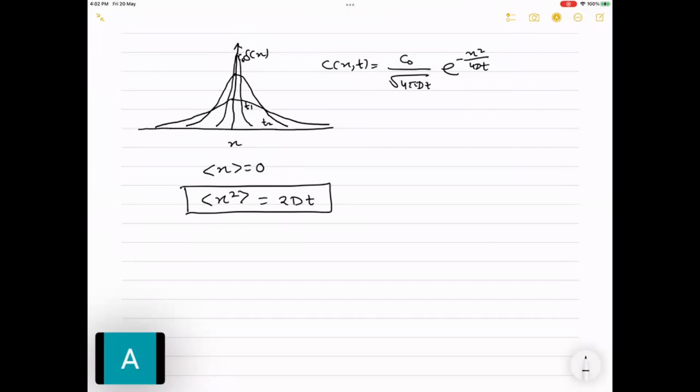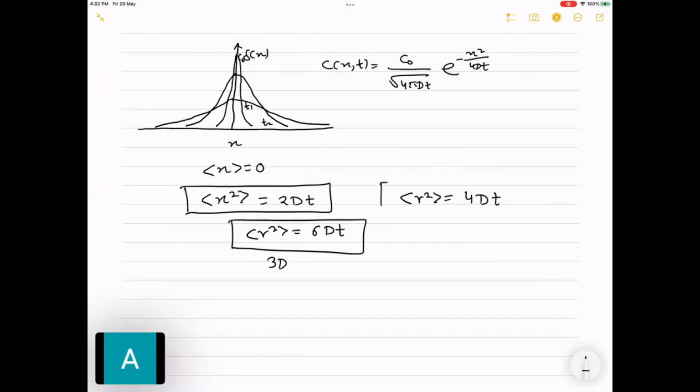But if the diffusion is happening in 2 dimensions, then you will have x square plus y square, and as a result r square will become 4Dt. Similarly, if the diffusion is happening in all 3 directions, then the mean of the square of displacement will become 6Dt. This is for 3D diffusion. This is for 2-dimensional diffusion.